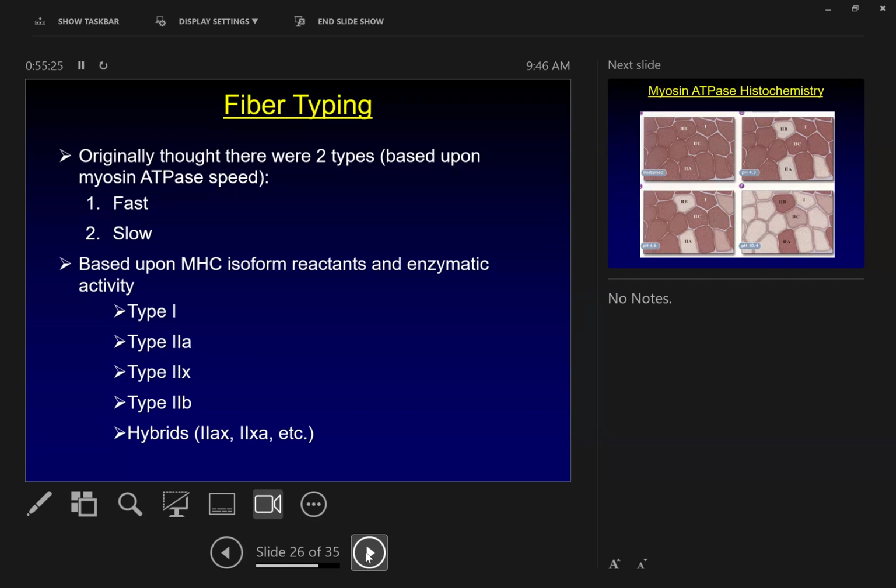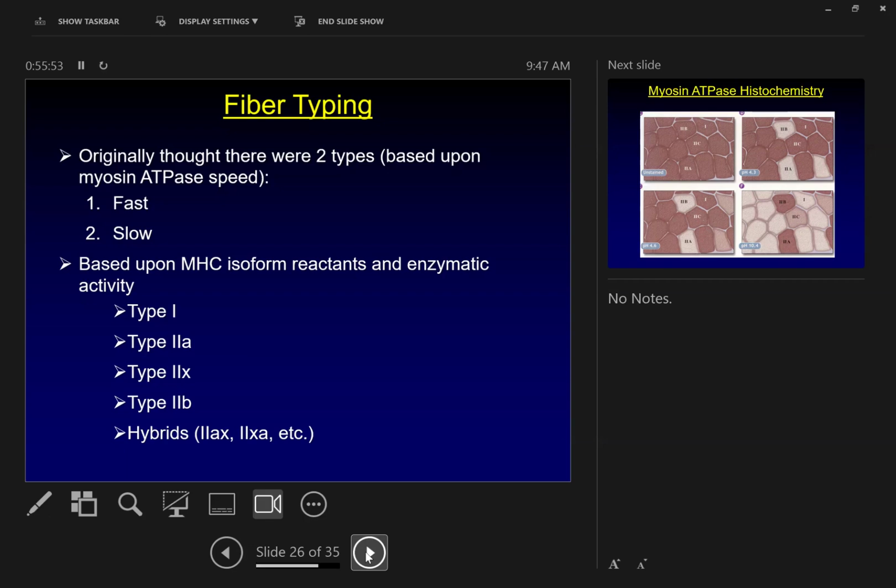2A fibers are the most aerobically metabolically adapted type 2 fibers. They are fast with their ATPase, but they tend to have a lot of mitochondria, a lot of glycogen. If you are any sort of an endurance athlete, basically all of your type 2 fibers, whatever you have, will be 2X. 2Xs are even faster and they're wildly metabolically inefficient.